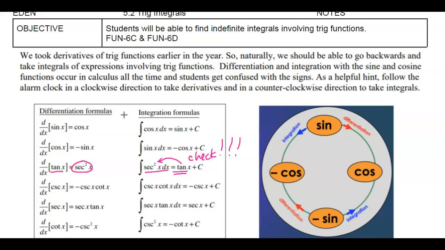If we have cosecant, cotangent, notice we don't have negative signs here, but the derivative of cotangent is negative cosecant squared. So when I integrate it, notice how it's negative cosecant. Watch your signs and watch your functions. As a student, rather than this chart, I would write this down on my paper.